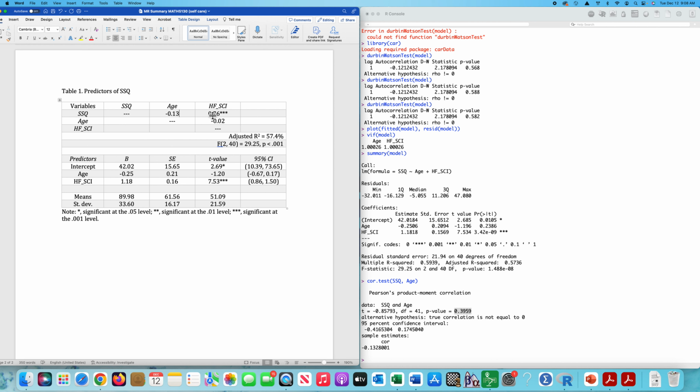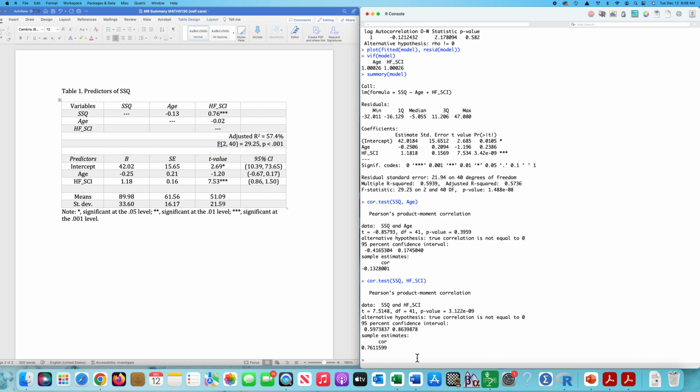Then I run SSQ over HF. And you can see that I do get statistical significance at the 0.001 level. That's the reason I put 3 asterisks right there. And the correlation coefficient is 0.76, which I reported.